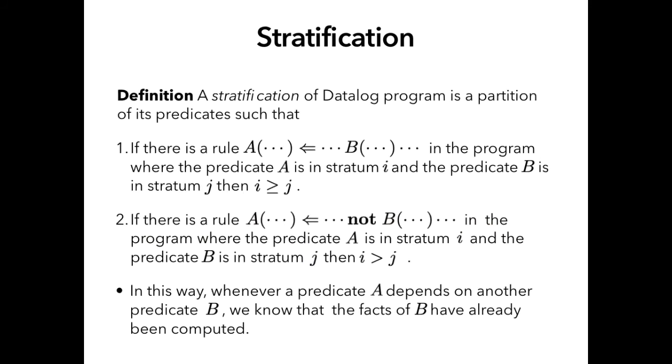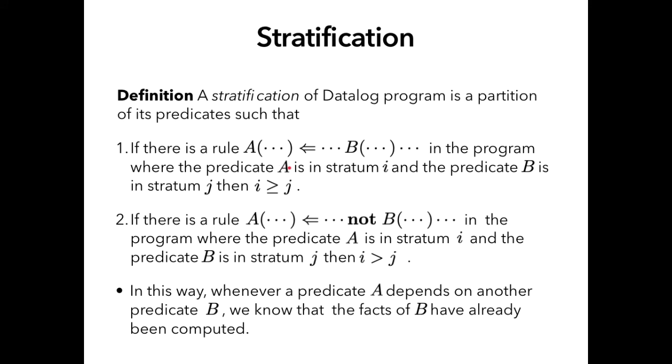And the stratification of a Datalog program is a partition of the predicates such that if there is a rule B and something else implies A, then this rule will define A to be the case. And when we're defining A, B must already have been defined.